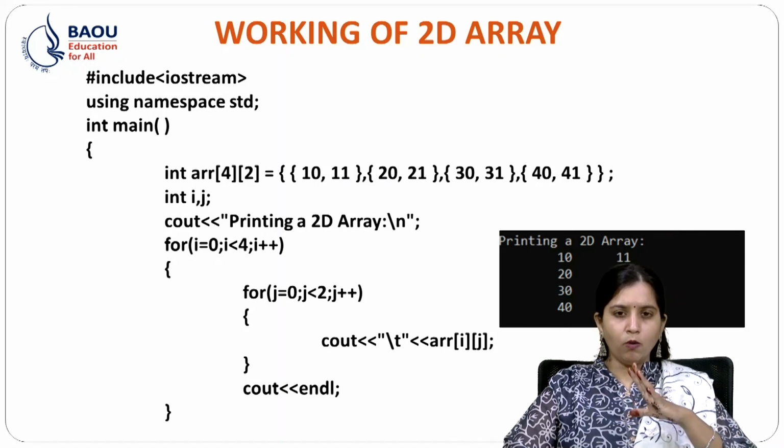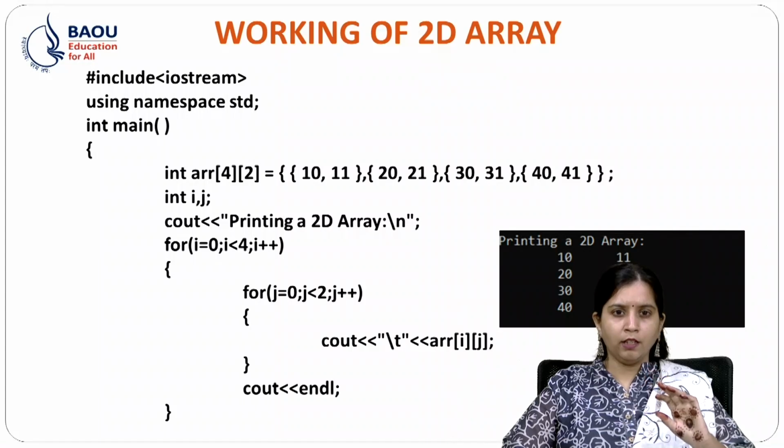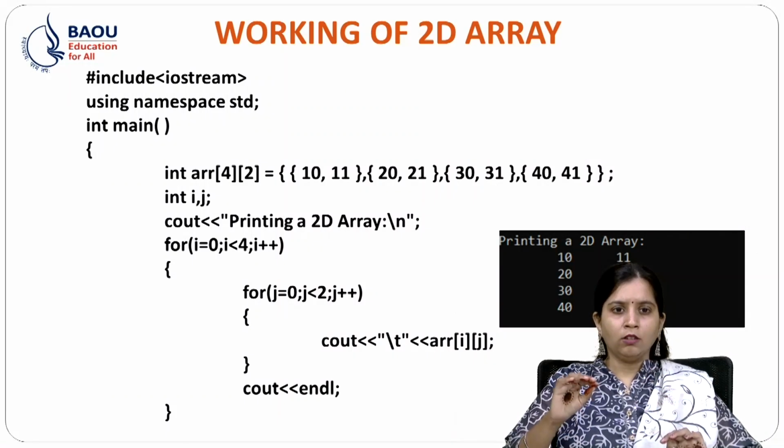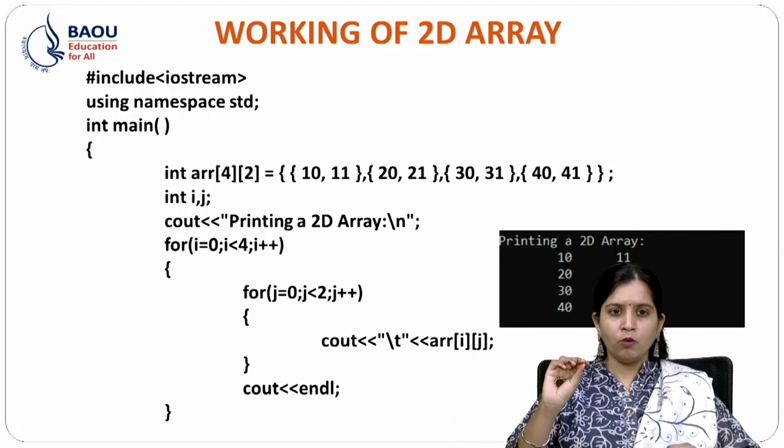In the above image you have seen that we have 4 rows and 2 columns. In that we have elements 10, 11, 20, 21, 30, 31, 40, 41. The first row and column always start with index 0.